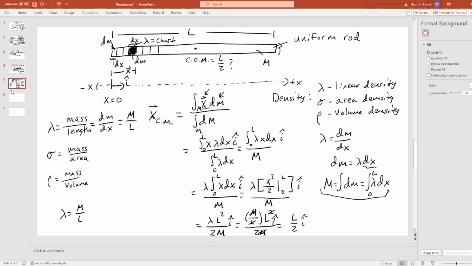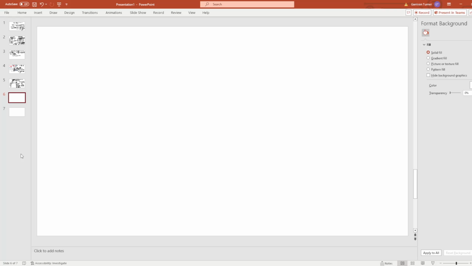And so now on to the moment of inertia. The moment of inertia, I, is the second moment, or the integral over m of r squared dm.